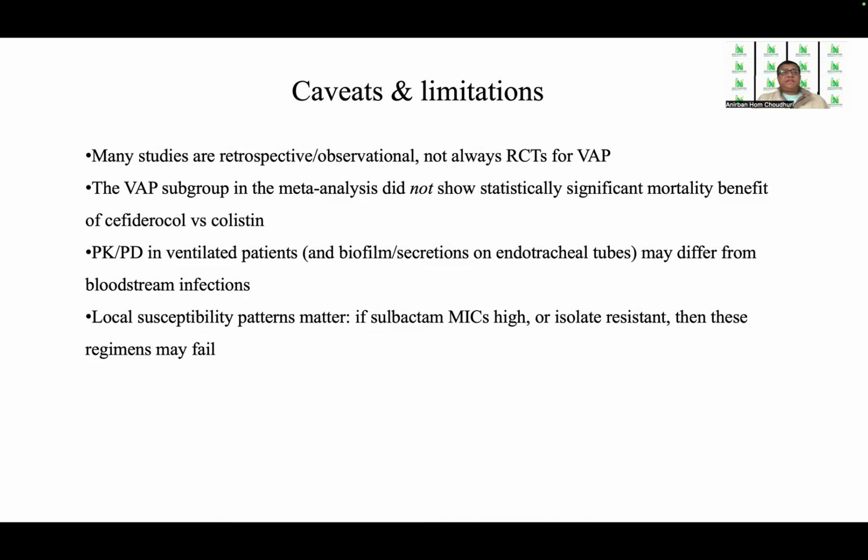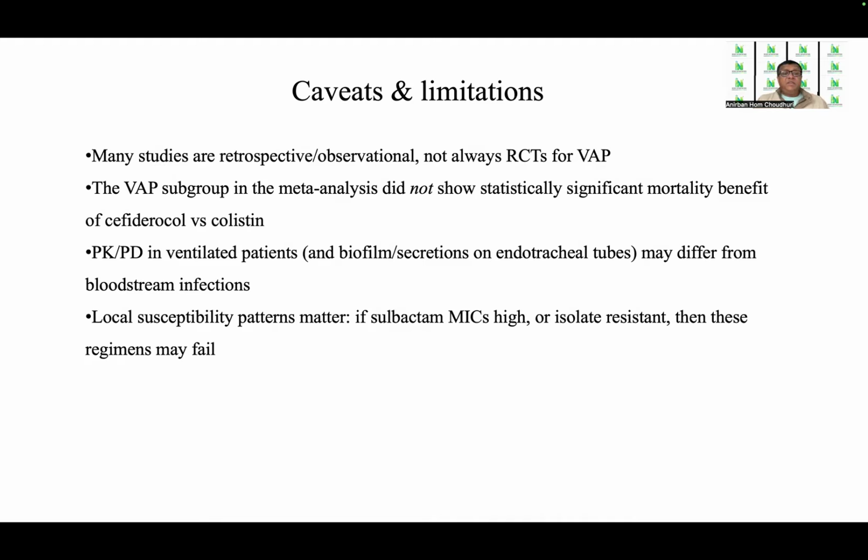There are a lot of caveats and limitations because the studies are largely retrospective or observational, not always RCTs, particularly for VAP. The VAP subgroup in the meta-analysis which I cited did not show a statistically significant mortality benefit of cefiderocol versus colistin.